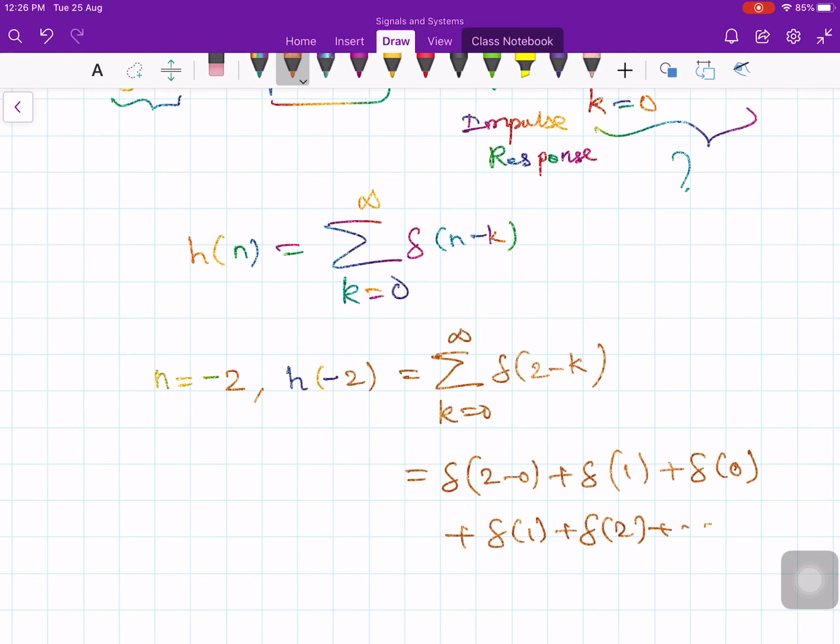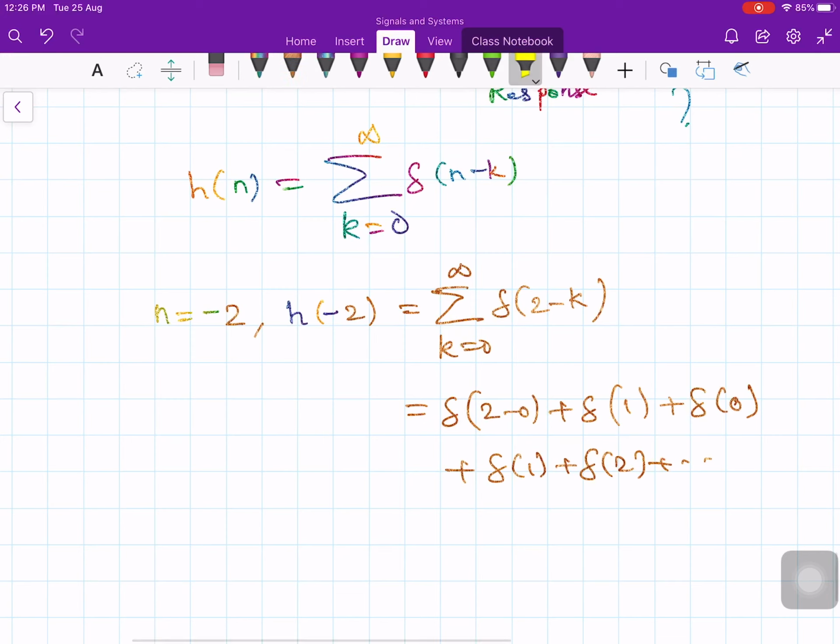Now again this gives 0, and this also, I'm sorry, I have made some mistake. Del of 0, when k equals 2, then 2 minus 2 is 0, so del of 0.